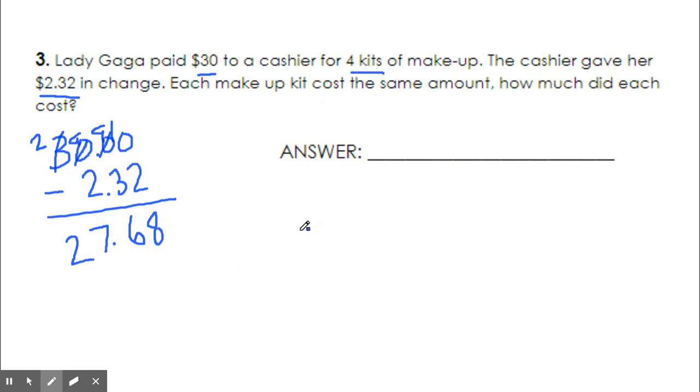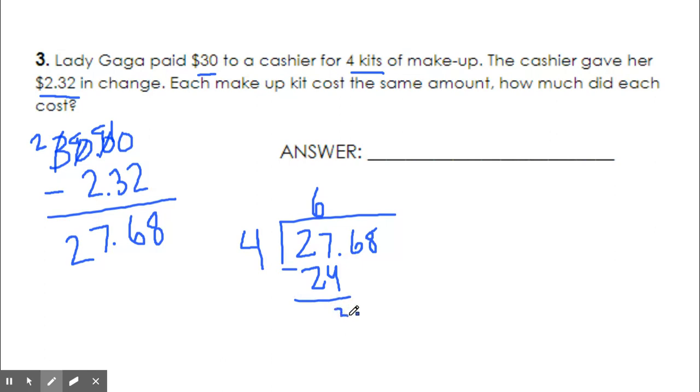So to figure out how much each one is, I'm going to take $27.68, divide that by 4. 4 will go into 27 6 times. 6 times 4 is 24. Subtract, I get 3. Bring that down and bring my decimal up.